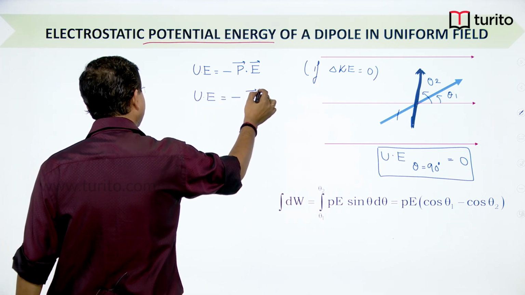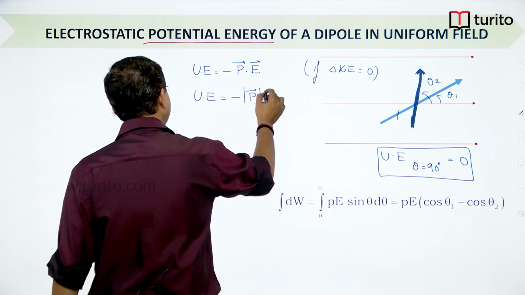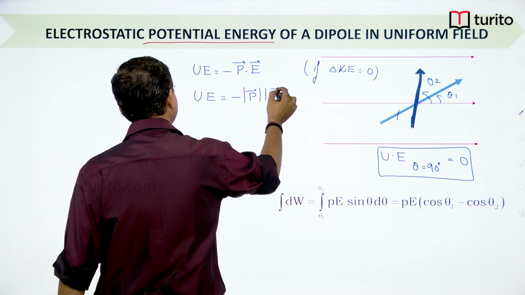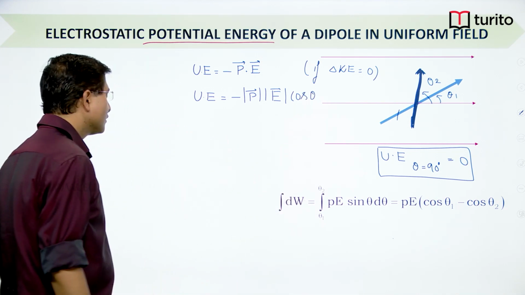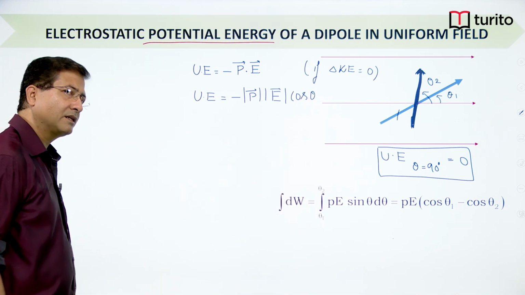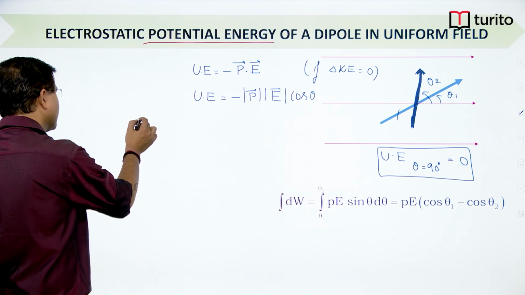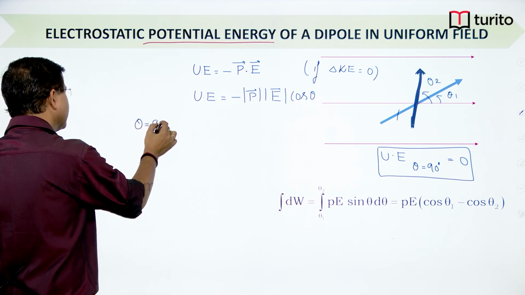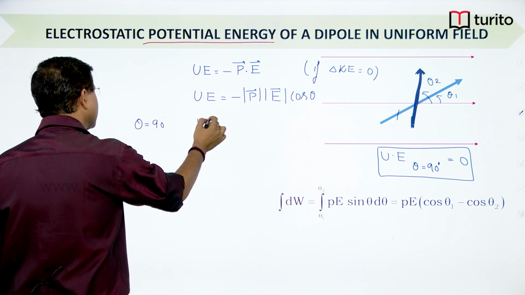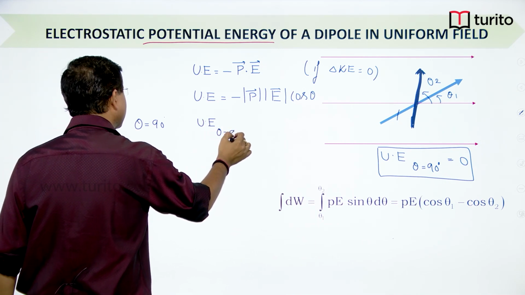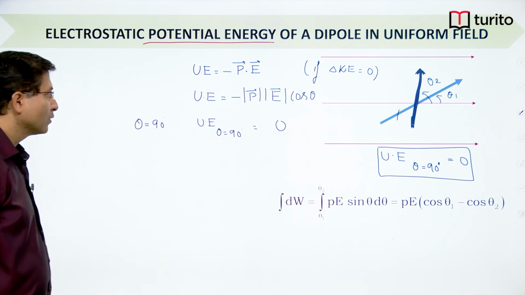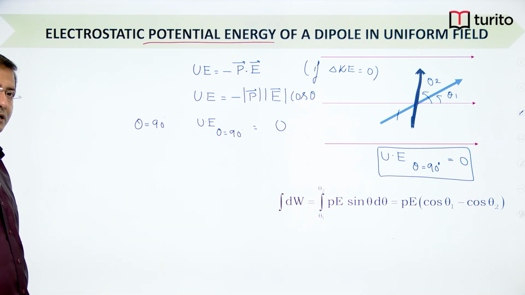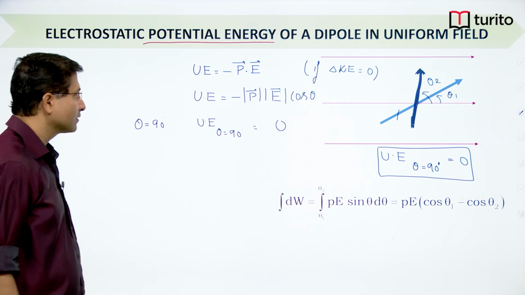In a scalar format it can be written this way, mod P mod E cos theta with a minus sign, whatever be the angle coming, right. So as I already told you, when theta is equal to 90 degree, then potential energy associated is 0, right. When it will have the maximum potential energy, look at this function, right.